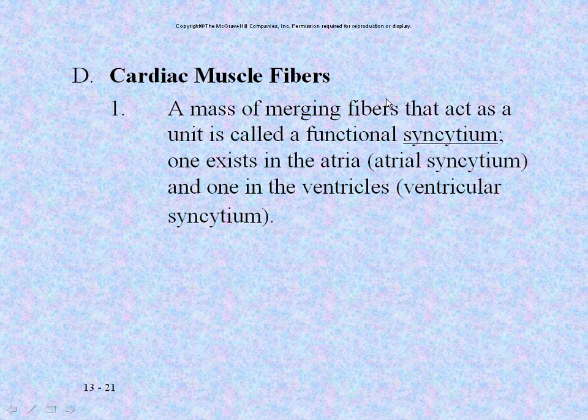And that is called a functional syncytium. So a syncytium is where you have a lot of cells in one particular area, like in the atria or the ventricles, doing their particular job, and doing it almost simultaneously so that you can't even tell that it's more than one thing.